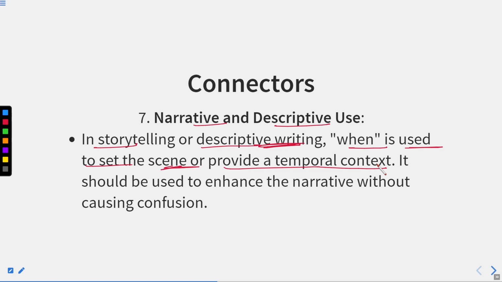You can imagine the particular thing which you are hearing, that okay, this is happening. It displays everything in front of you, and you start imagining all the situations that are going on in the story. It should be used to enhance the narrative without causing confusion.